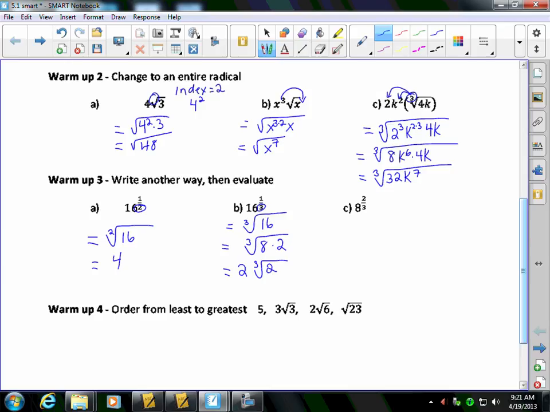When you have powers that are fractions and your numerator isn't a 1, then what you think of is this is the same as saying 8 squared times 1/3. And then you can evaluate it that way. So this 1/3, there's my index. That goes in the notch.